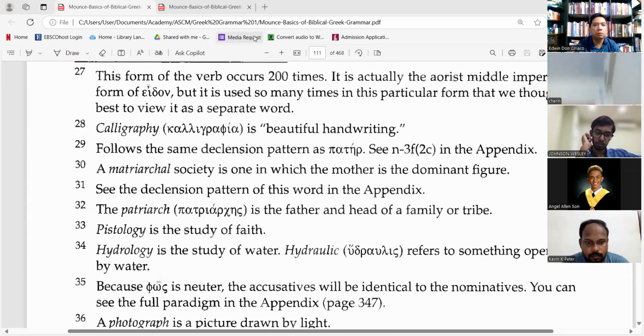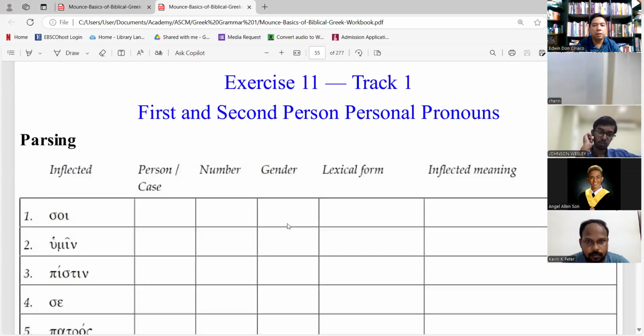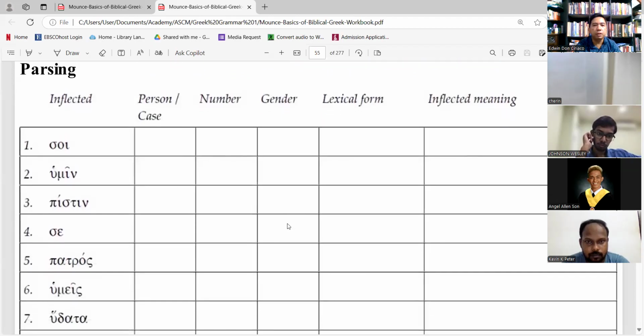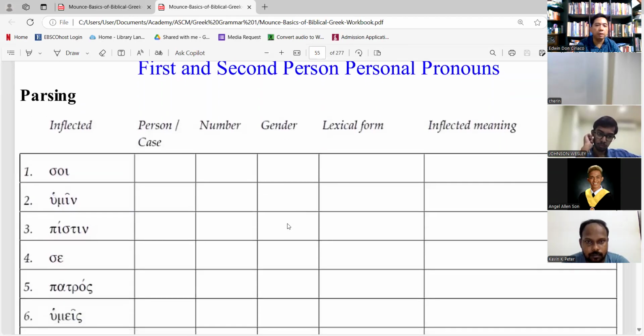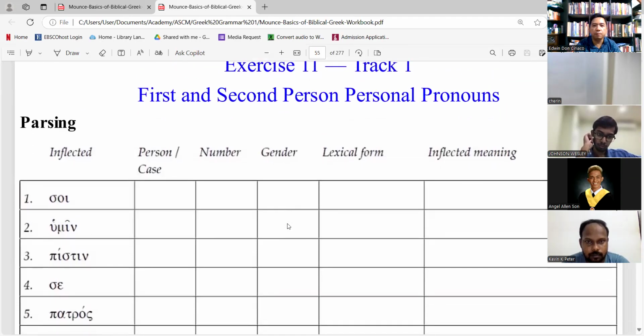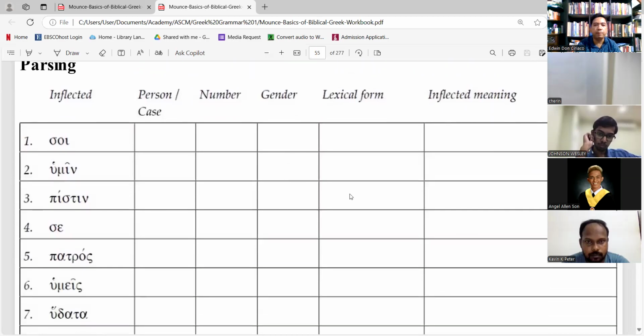Okay, thank you for that. So let's do a quick parsing.